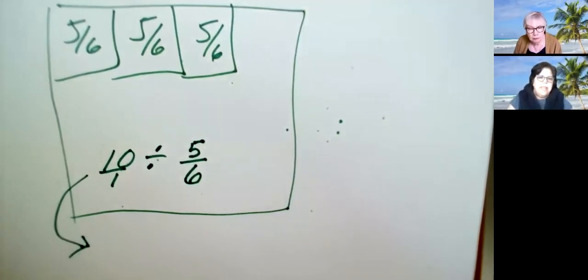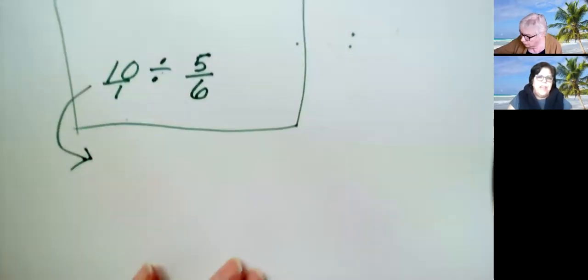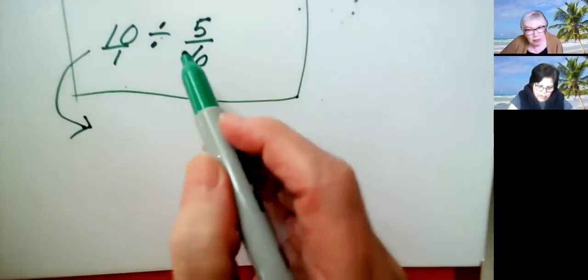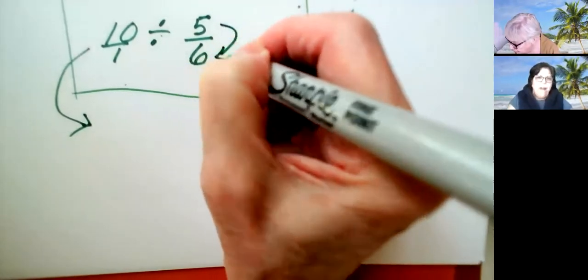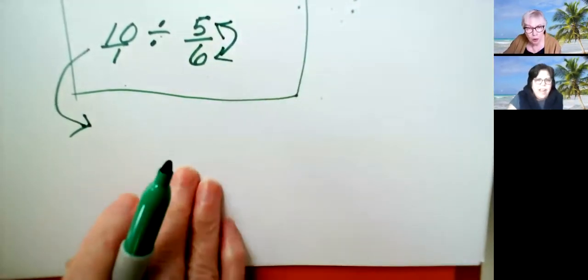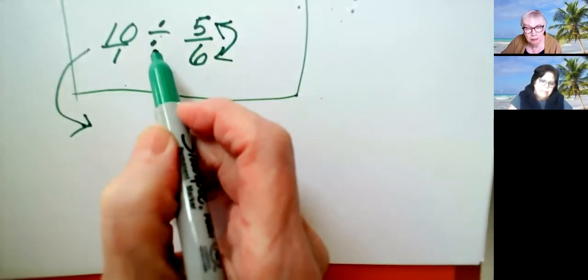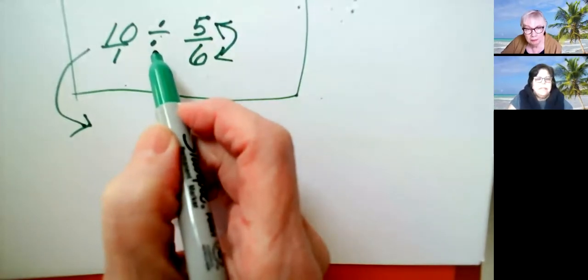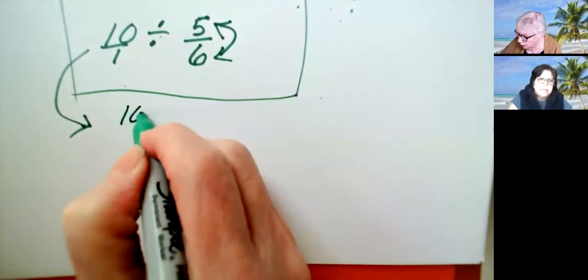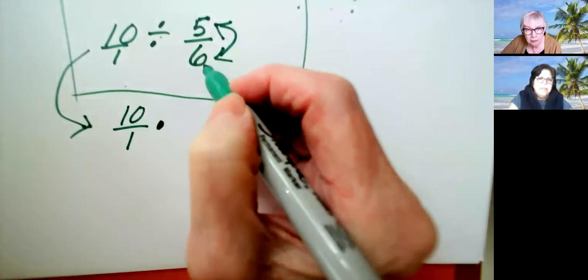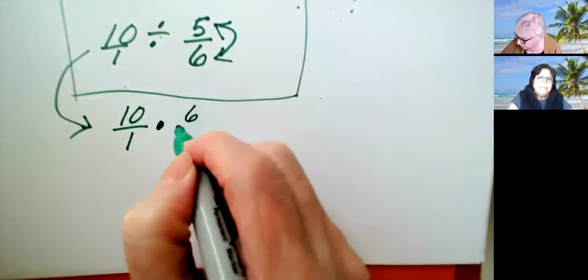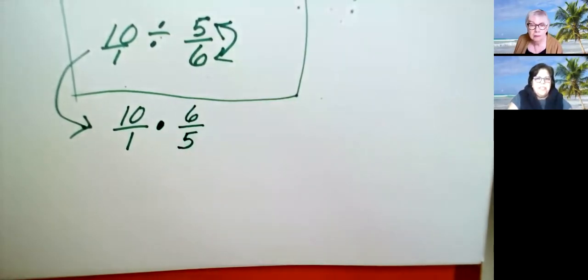I can go 10 divided by 5 or... Nope. No. So you have to turn it into multiply. 10 over 1 times... because it was a division, right?